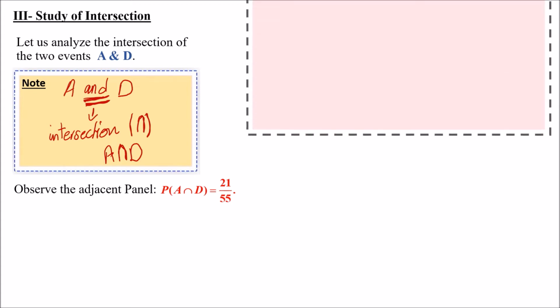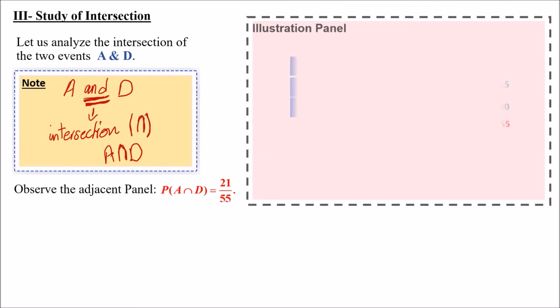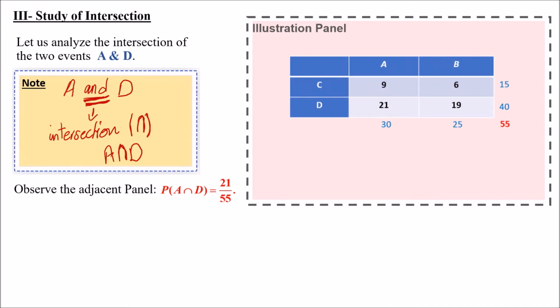So this "and" is very important in the terminologies of probability. And you know for sure that the notation of intersection, we write it this way. So it is like A intersection D. Let's observe the adjacent figure. In all this session, we will go through the same example and we will study it. So here we are going to find the probability of A intersection D. This is A. You put a circle around all the numbers in the column A. Intersection D. This is D. So, where is the common part between A and D?